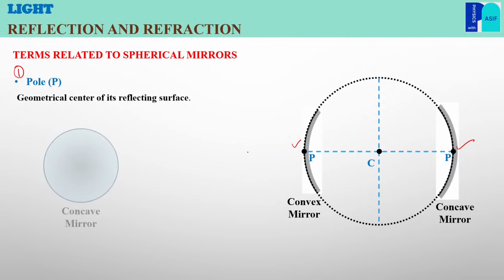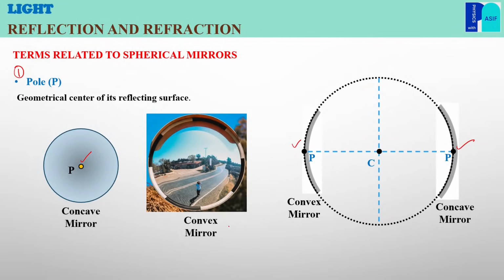We can see the pictures here, a concave mirror and a convex mirror. The center of the concave inward surface is the pole, so this point P represents the pole of the reflecting surface of the concave mirror. And in the case of a convex mirror, the reflecting surface is curved outward and the center of this surface, shown by the letter P, is the pole of the mirror.